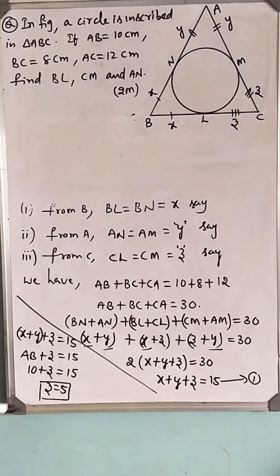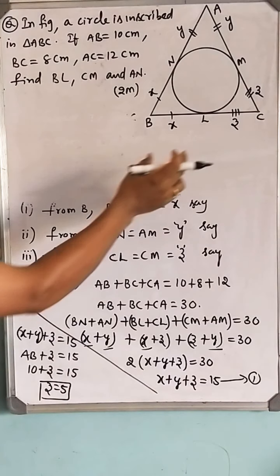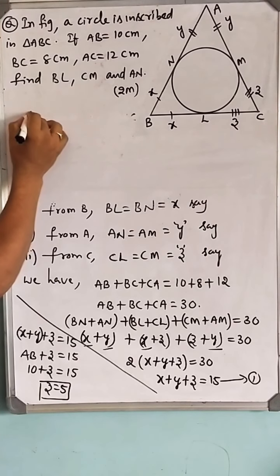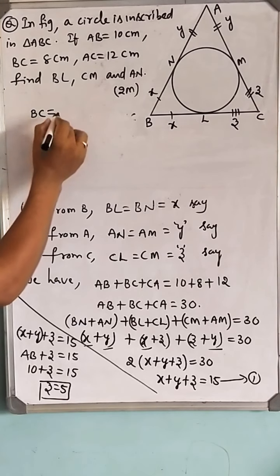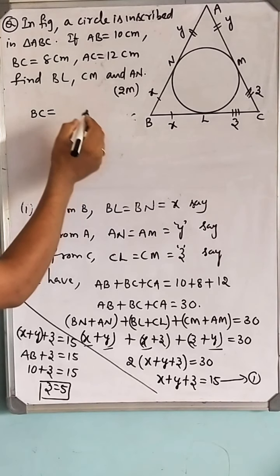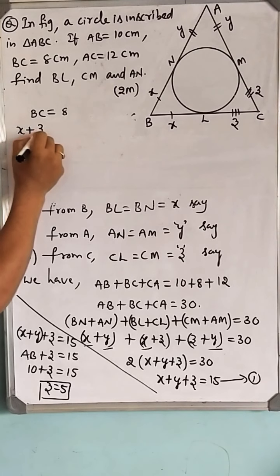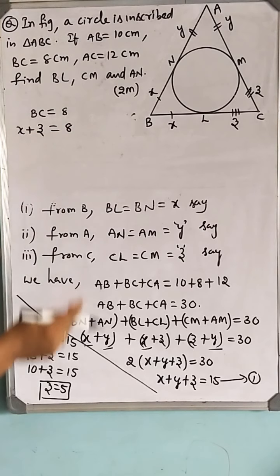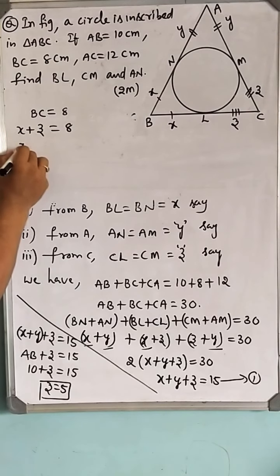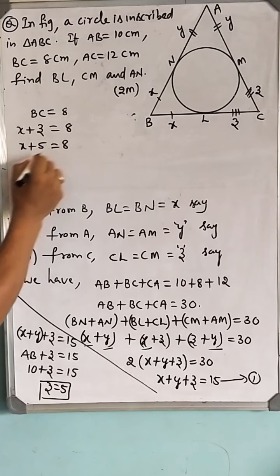If z is equal to 5, x plus z is BC. What is the length of BC? 8 centimeters. BC is the sum of x plus z, 8. z is 5. x plus 5 is equal to 8. x is equal to 3.